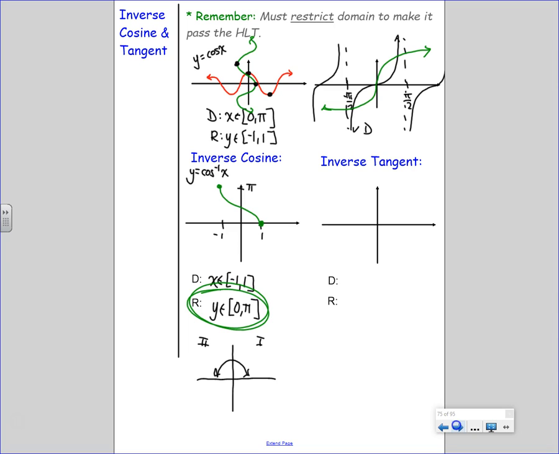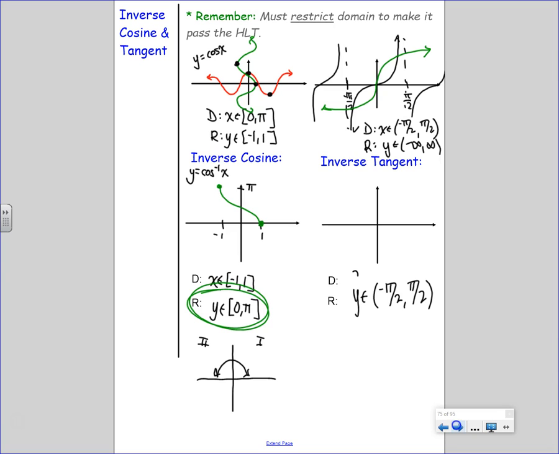So in the old tangent function, the domain would be negative, oh, I can't do a closed bracket. There's a vertical asymptote there. I apologize. Open parenthesis. I'd have to go between negative pi over 2 to pi over 2 to make the original pass the horizontal line test. The range, though, well, tangent goes forever low, forever high. That's going to translate into the range only picking angles between negative pi over 2 and pi over 2. It's like sine inverse, kind of.